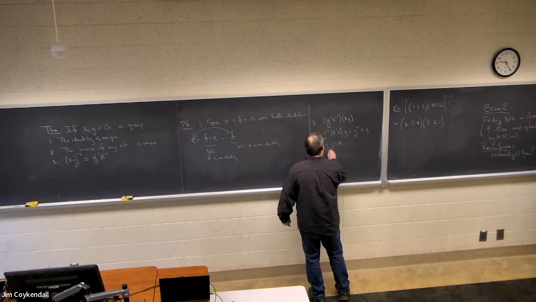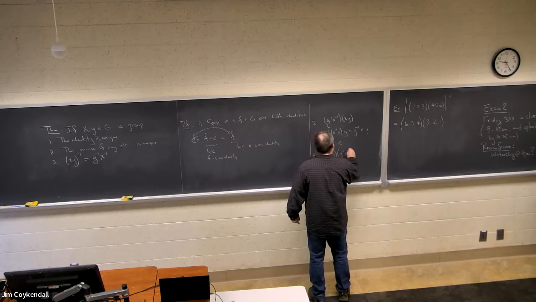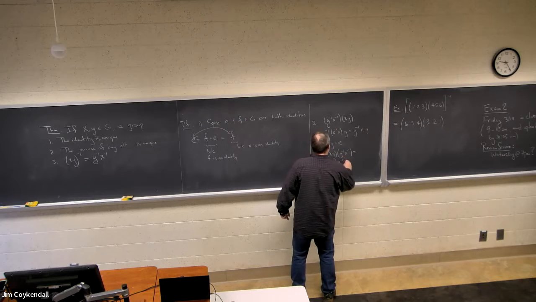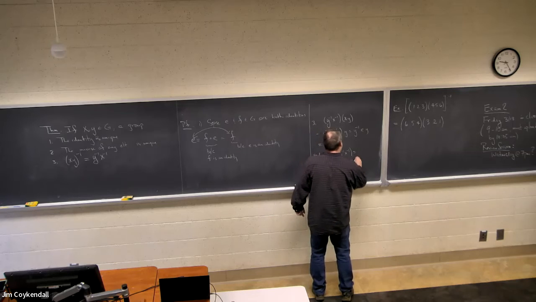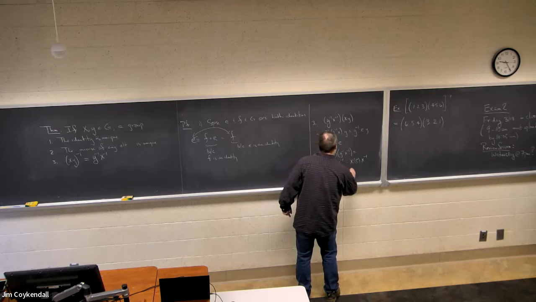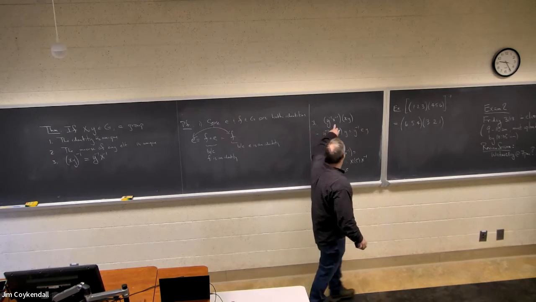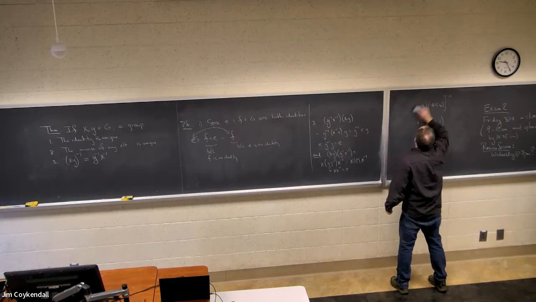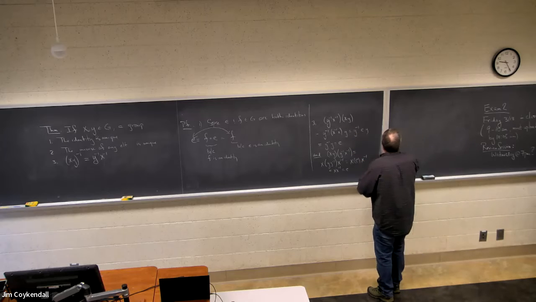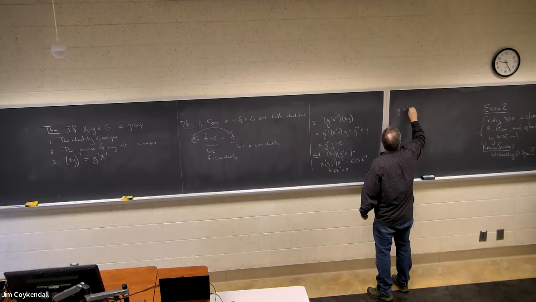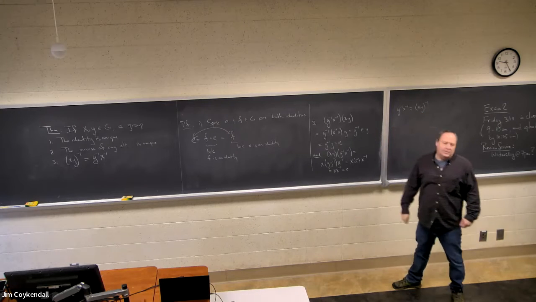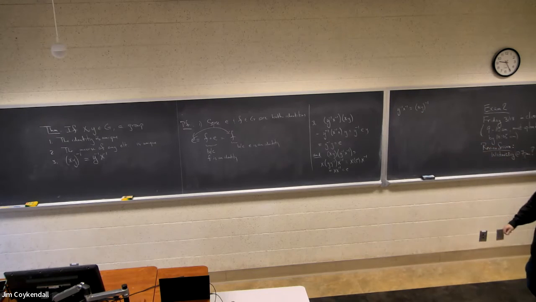So XY times Y inverse X inverse is X times YY inverse X inverse, which is X E X inverse. So notice that Y inverse X inverse on either side of XY turns it into the identity. This means that Y inverse X inverse is the inverse of XY. And statement 2 says that that's an equality because there's only one inverse.